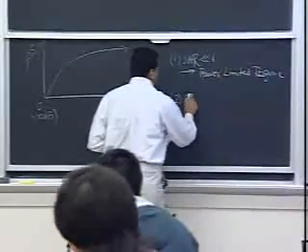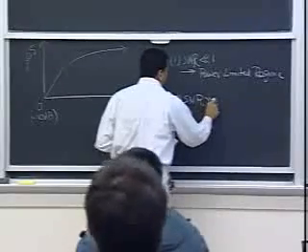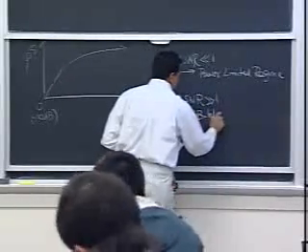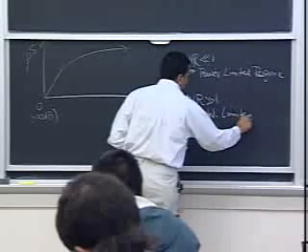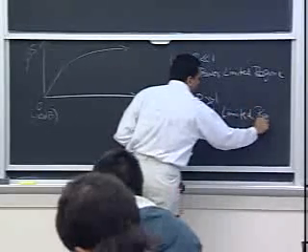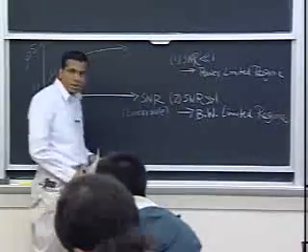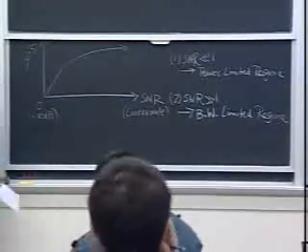And if SNR is large, we call this the bandwidth limited regime. Okay, so these are definitions. And let's see what motivates their names.